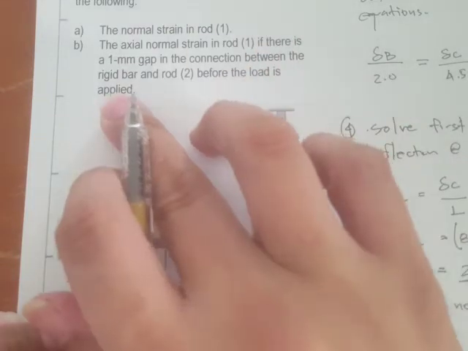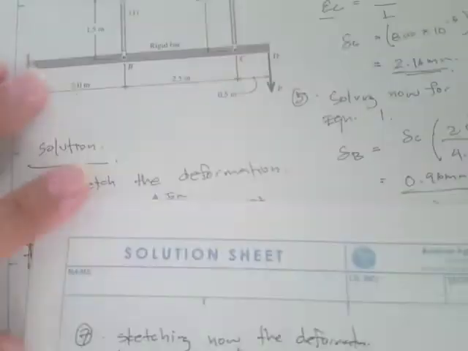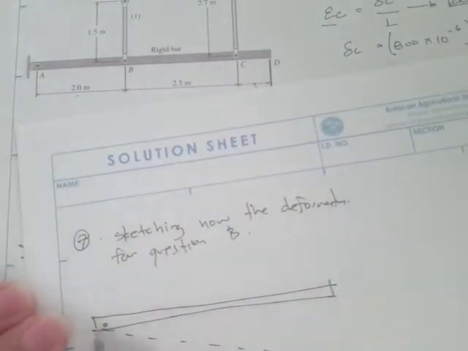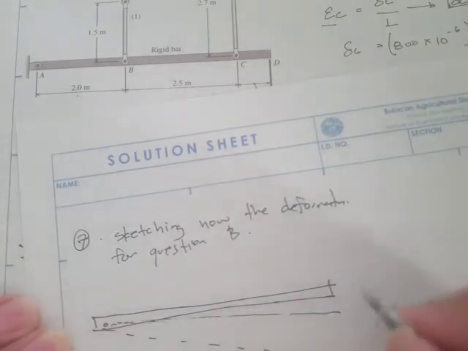So we are to find the normal strain if there is a gap right here. Instead of beginning flat, we have a gap already. So it's like we have this gap.